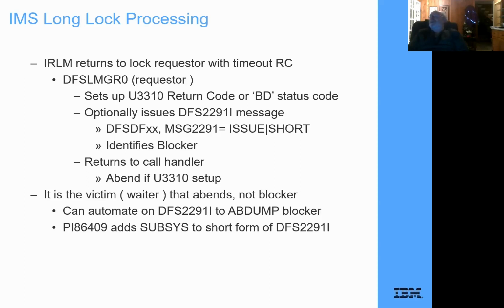A fairly old APAR adds a subsys to the short form of 2291. The difference between the short and the long form is it's a single line WTO in the short form. It's a multi-line WTO in the long form. And it's much easier for automation to deal with a single message than to deal with multi-line, because then it has to correlate data between instances of z/OS WTOs.